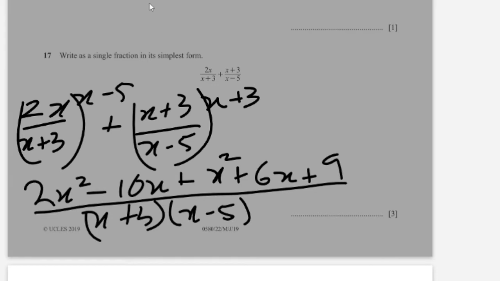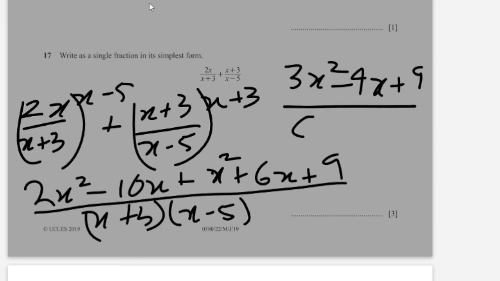So we have 2x squared plus x squared, which is 3x squared, minus 10x plus 6x, which is negative 4x, plus 9 from the remainder, and then we have x plus 3 into x minus 5.